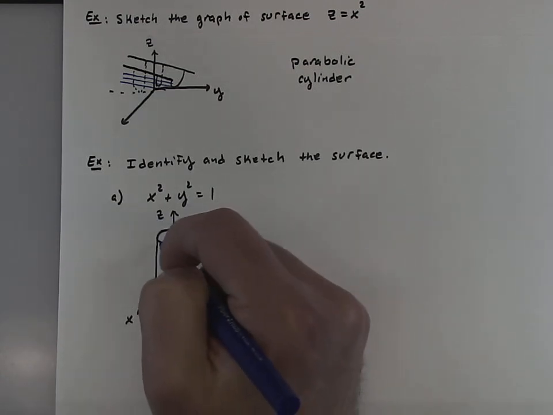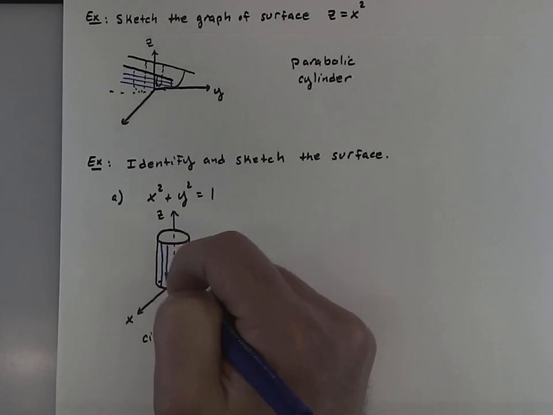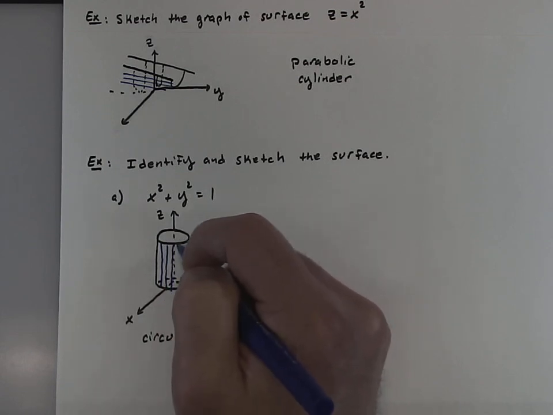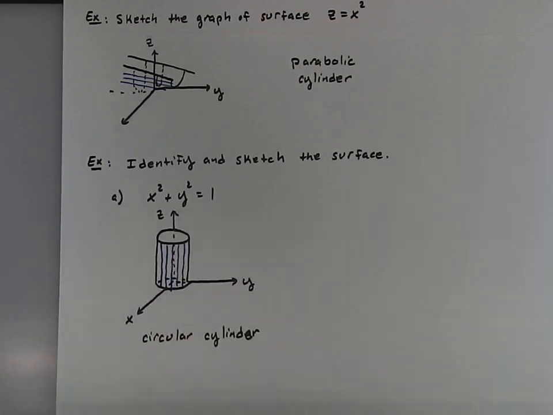The rulings would be parallel to the z-axis. So this is made up of circles.